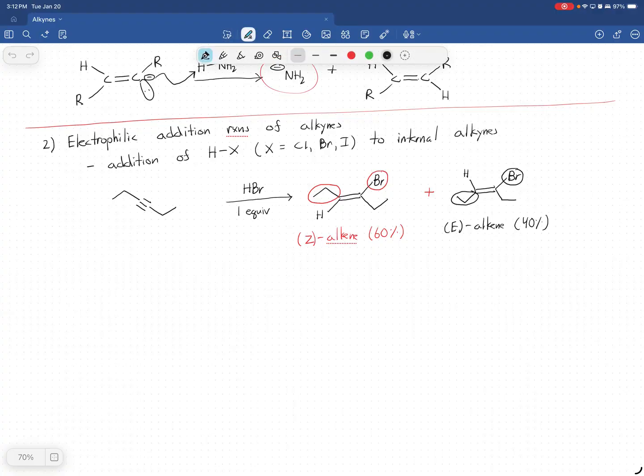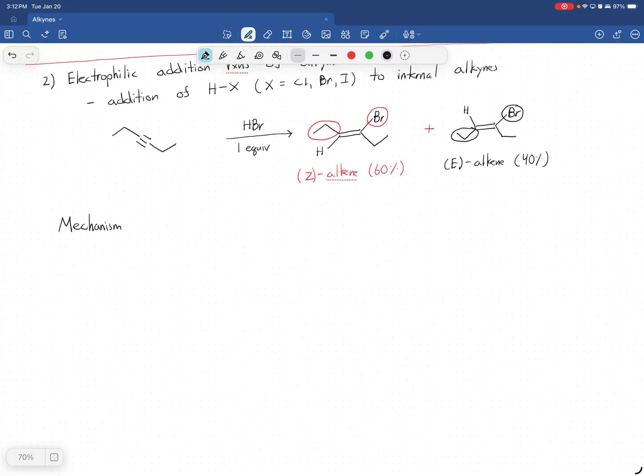Okay, so how does this work exactly? So the mechanism is not well known. Different books pose different mechanisms, but you kind of think of it as doubly electron rich. So if an alkyne has 2 additional pi bonds, you can think of it as twice as reactive as a typical alkene, okay?